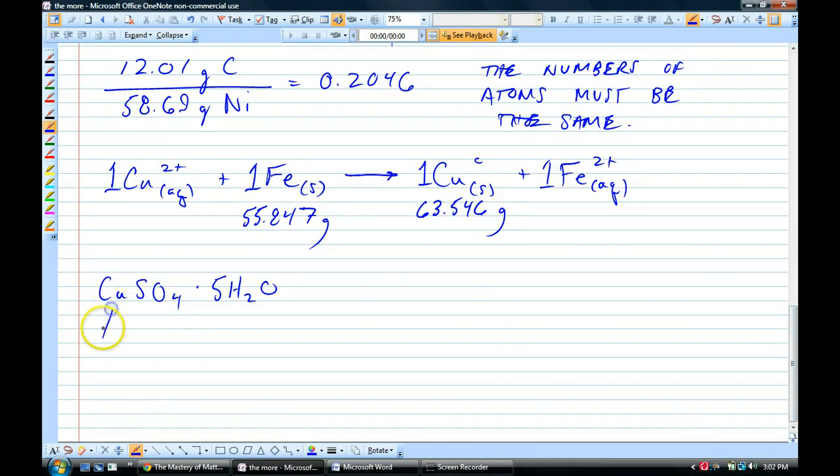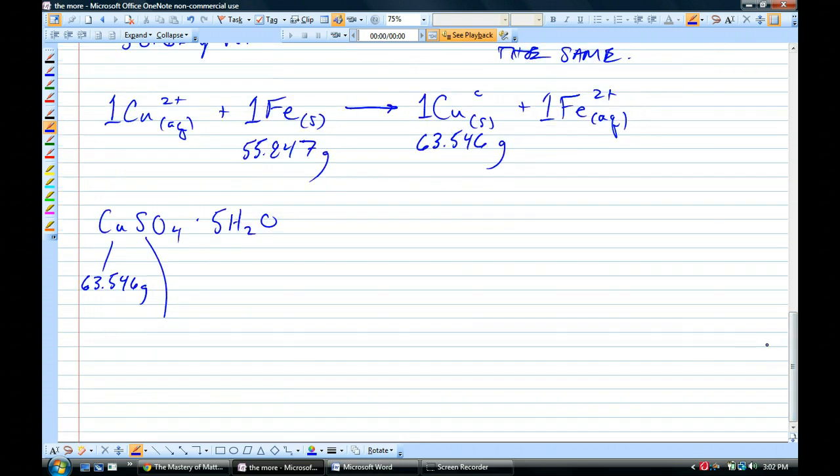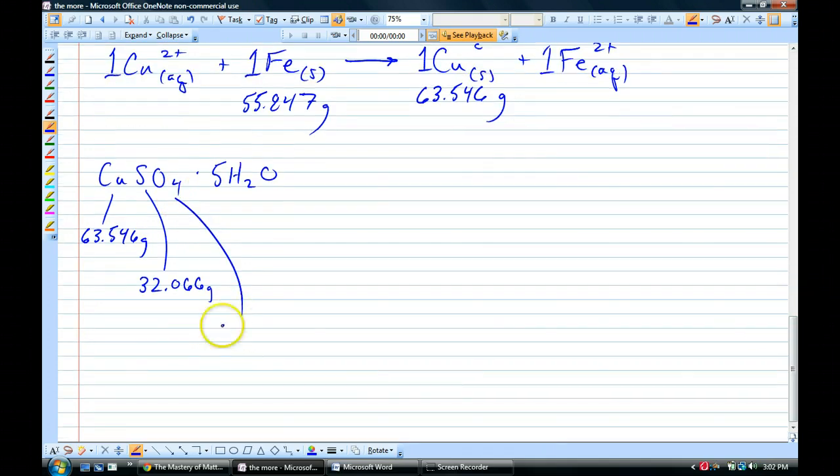All I have to do is take, well, 63.546 grams of this is the same number of atoms as 32.066 grams of sulfur, and now I have 4 oxygens, so that's going to have to be 4 times 16.00 grams for the oxygen. And then I have 5 waters, and water is 2 hydrogens and an oxygen. It comes out to about 18.02 grams, and that's going to have to be times 5.